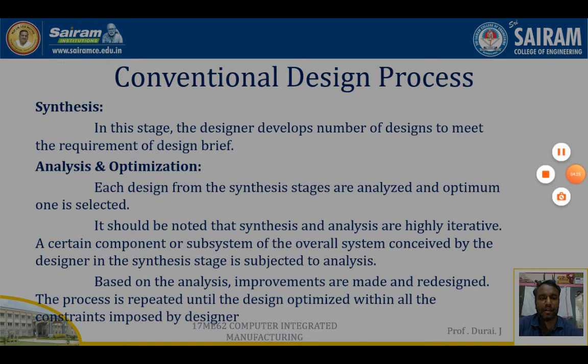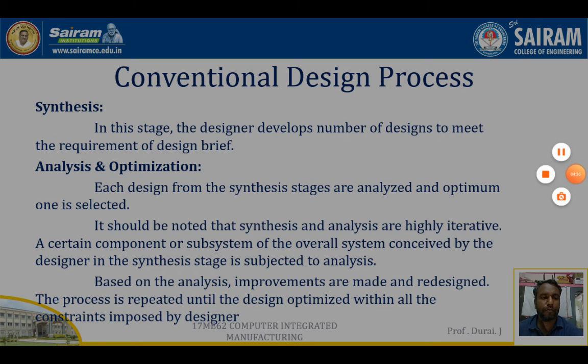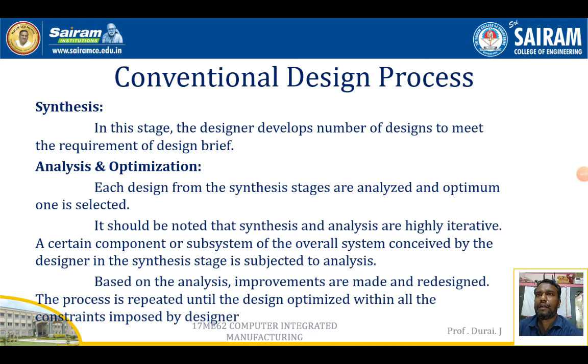Then comes the analysis and optimization. In the analysis, we use the prototype model. With the help of the prototype model, we give different boundary conditions and constraints, subjecting the model to different temperatures and loads, and with that we will know the performance of the particular product.